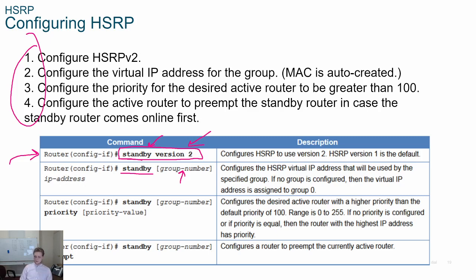So, for instance, if I have VLAN 10, and I want to make HSRP on VLAN 10, well, I'm going to put standby 10 for my group number, my IP address, maybe it's 10.0.10.1, for example.